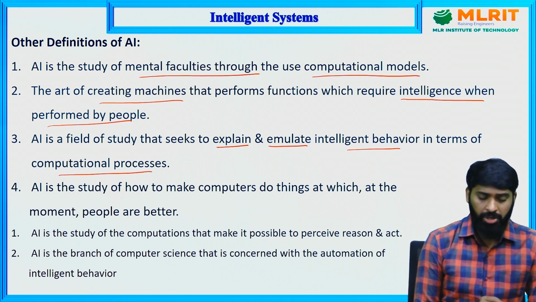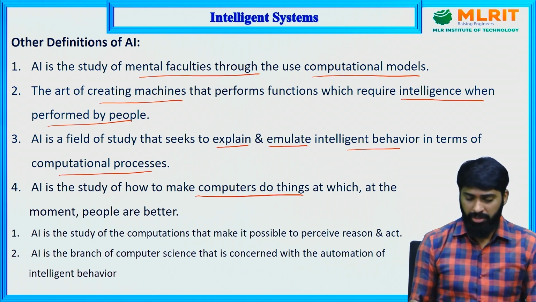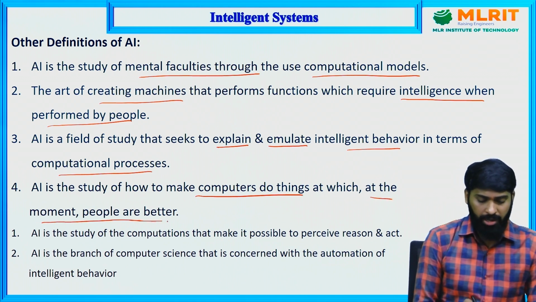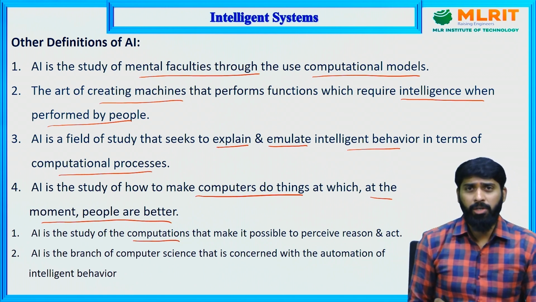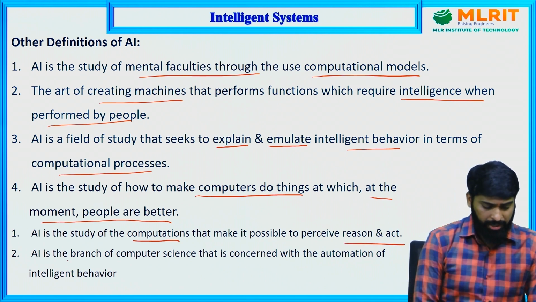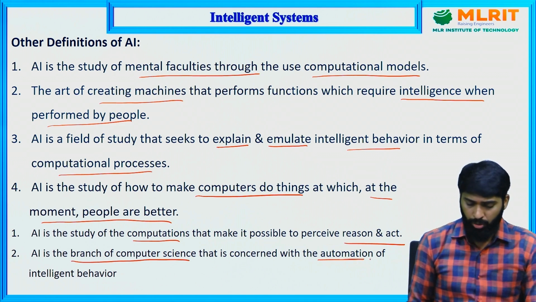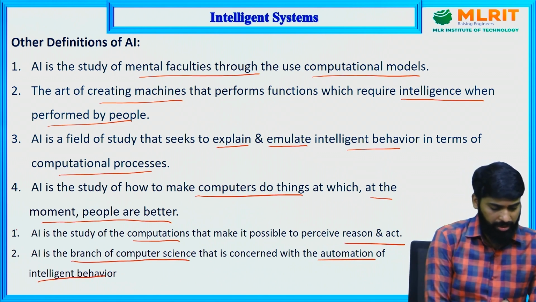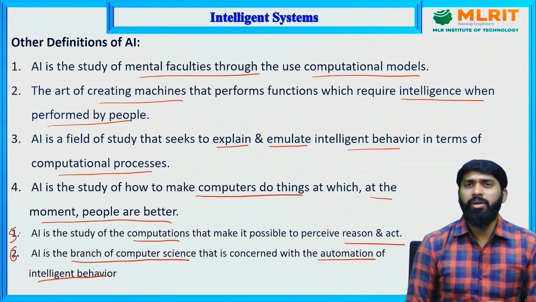AI is the study of how to make computers do things at which, at the moment, people are better. AI is a study of computations that make it possible to perceive, reason and act. AI is the branch of computer science that is concerned with the automation of intelligent behavior. Okay, so these are the different definitions given by different computer scientists.